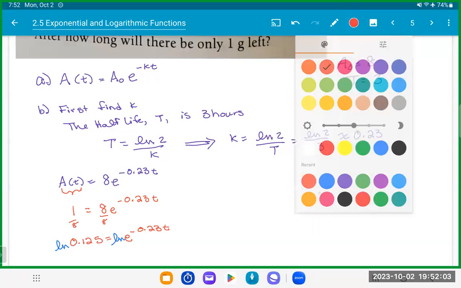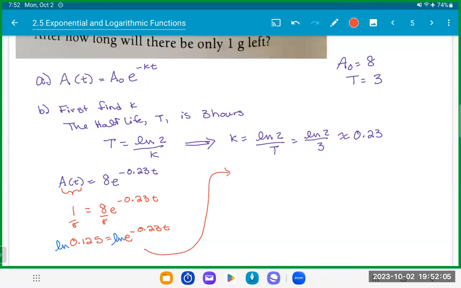I'm going to just come back up here. That's going to give me ln of 0.125 is equal to negative 0.23 t, because remember, we can bring that down into the front. The ln and the e cancel with each other.